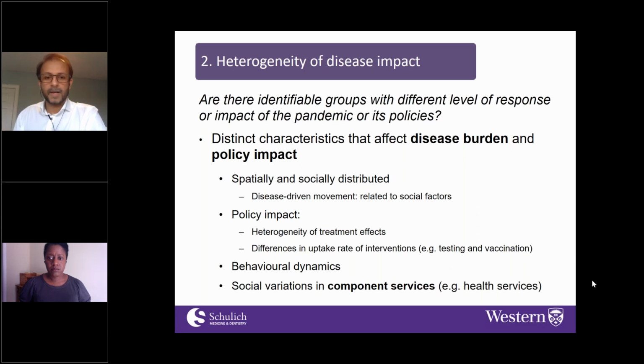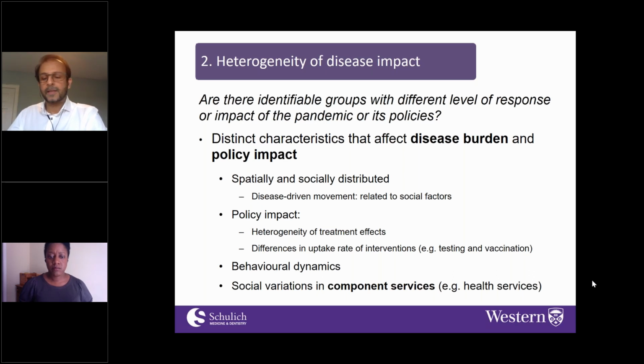We've seen examples from developing countries, where a large part of the labor force that was working primarily in urban centers lost their jobs when lockdown was put in place, and as a result, they did not have any money to live in large urban cities, and a huge number of them had to return back to their villages. As a result, they also took the risk that they had been exposed to back to their communities.